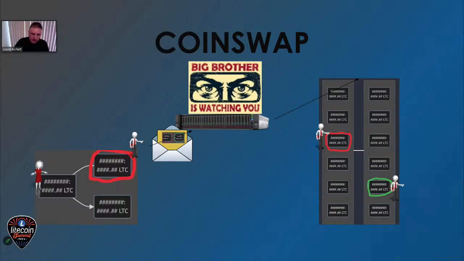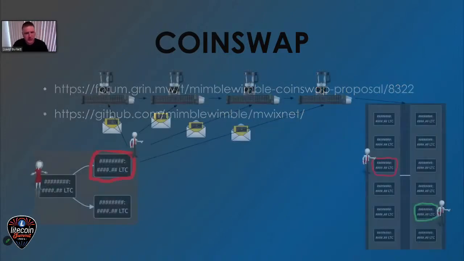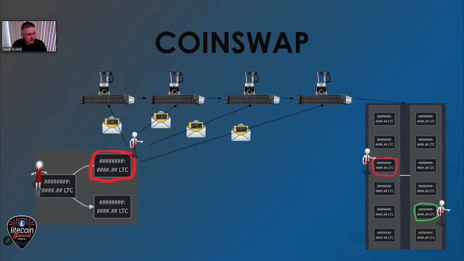But the CoinSwap protocol is kind of fancy, so you can split those up instead of just saying, "Here's my coin, give me this new one instead," which is the same value. You can split that message up and give a little bit to a number of different CoinSwap servers.